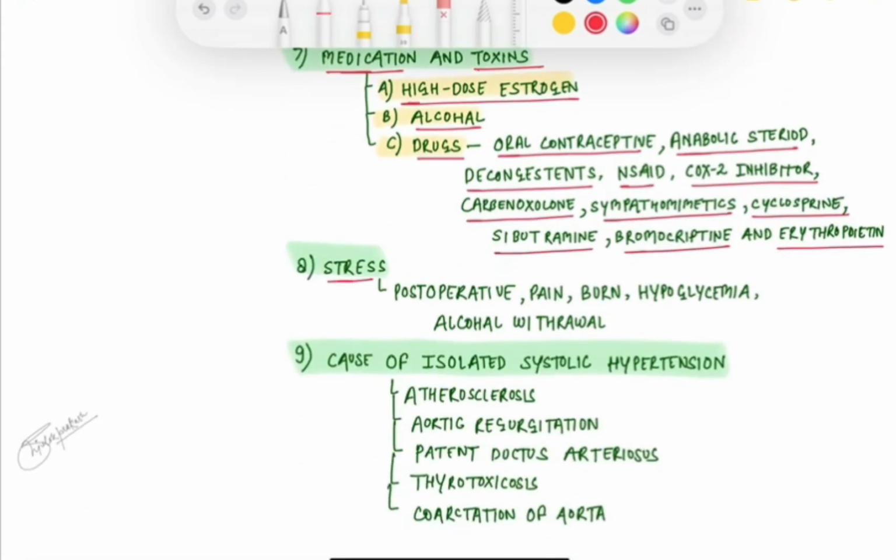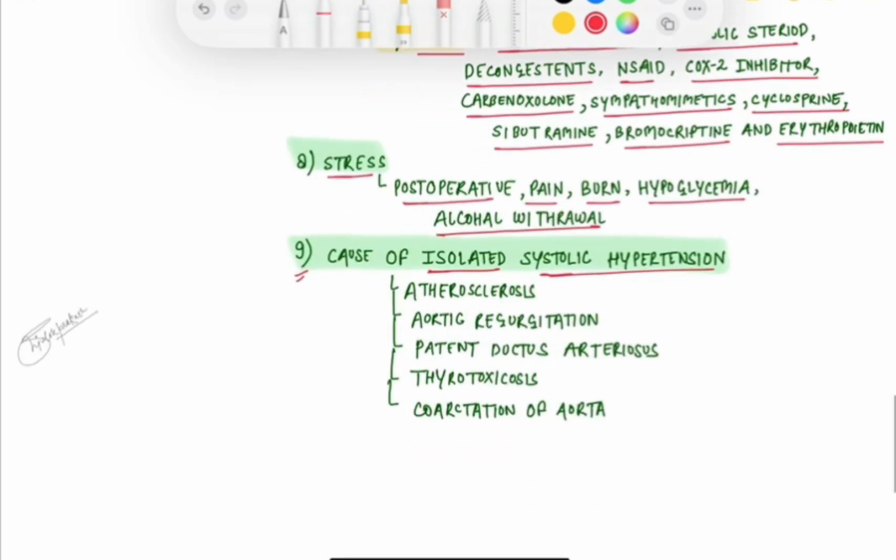Eighth is stress, post-operative state, pain, burn, hypoglycemia, alcohol withdrawal. Ninth is causes of isolated systolic hypertension: atherosclerosis, which is discussed in the diabetes series, aortic regurgitation, inadequate closure of the aortic valve during diastole that results in reverse blood flow through the aortic valve.